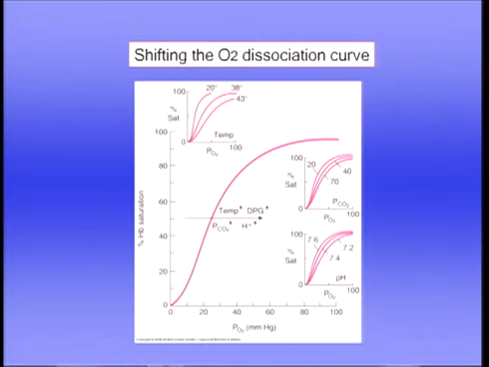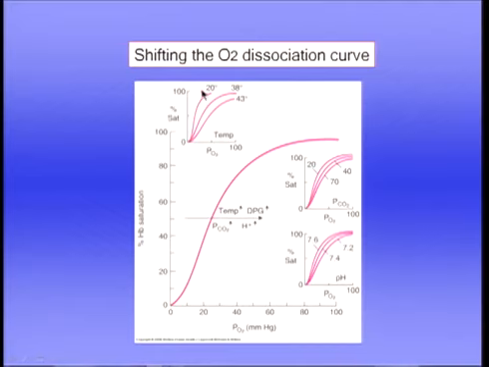And it turns out that there are 4 factors that shift the curve to the right or reduce the oxygen affinity of the hemoglobin. Those are temperature, PCO2, hydrogen ion concentration, and 2,3-diphosphoglycerate.